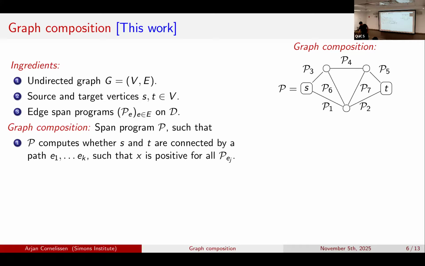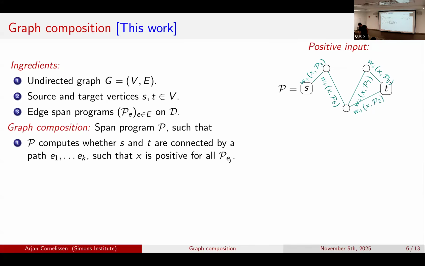Right. So this is what the function computes, but then the question is how efficient is that new computation? What's the complexity of this new span program? And for that, we need to compute these witness sizes. It turns out that you can compute these witness sizes in a very direct way. Let's say that we have a positive input, and all of these green edges are the span programs for which a particular input is positive.